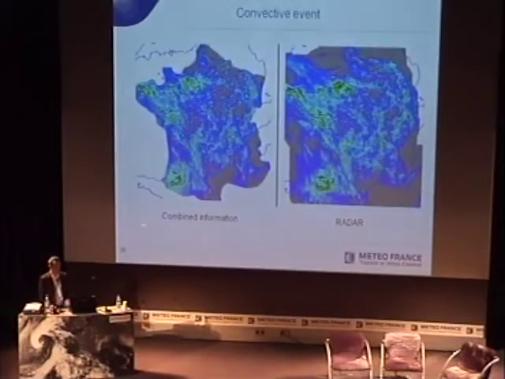And in this example, you have real interest in having a radar because convective events are really localized and you cannot monitor such events only with rain gauges. So the two ways of dealing with this equipment are really powerful.